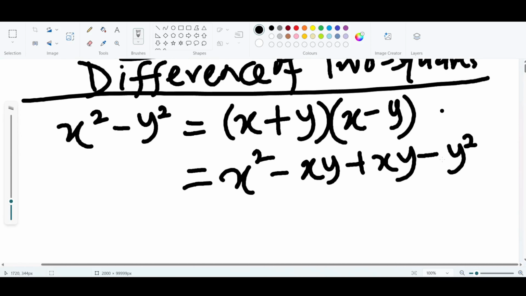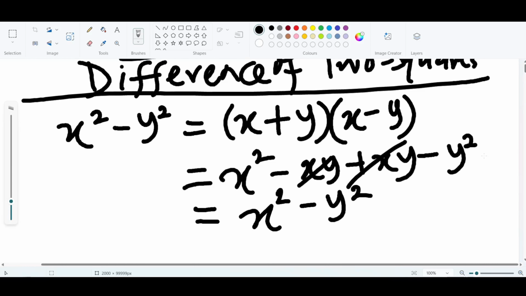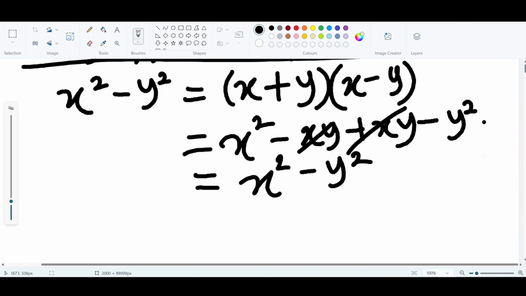At this point, we see that minus xy plus xy is going to be 0, so we strike it out, and we will be left with x squared minus y squared.